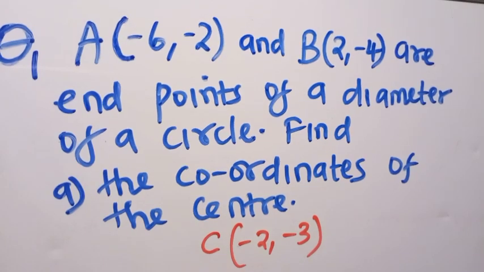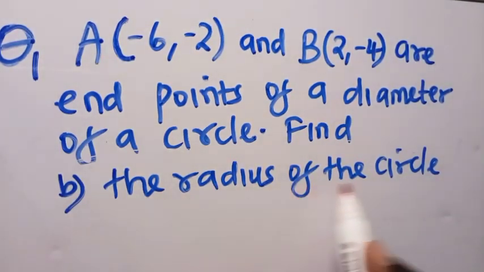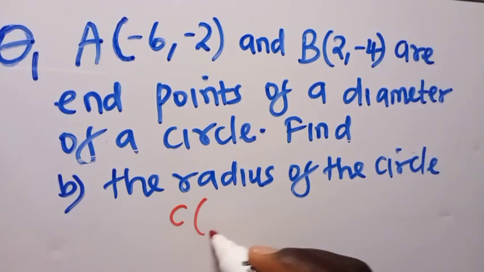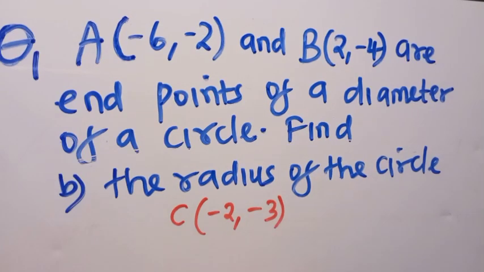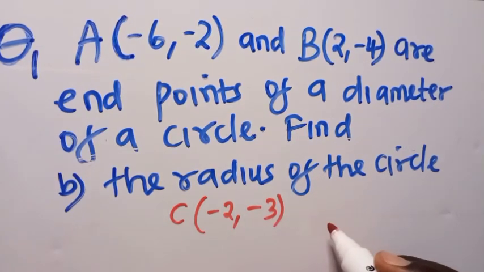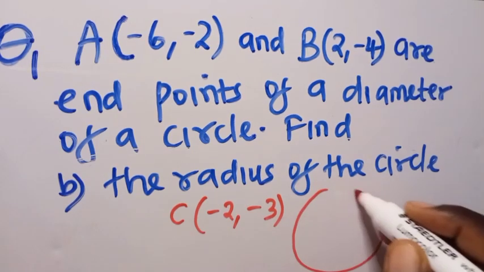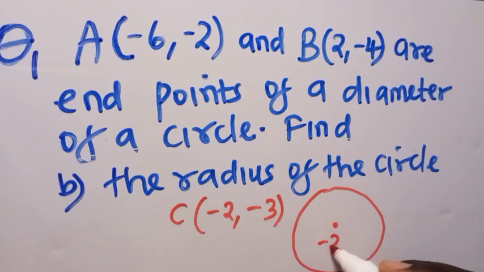Now, question B. B says, find the radius of the circle. Since we have the center of the circle as -2, -3, and we have one end, because if we sketch the circle, for example, this way, we have the center, which has the coordinates -2 and -3.